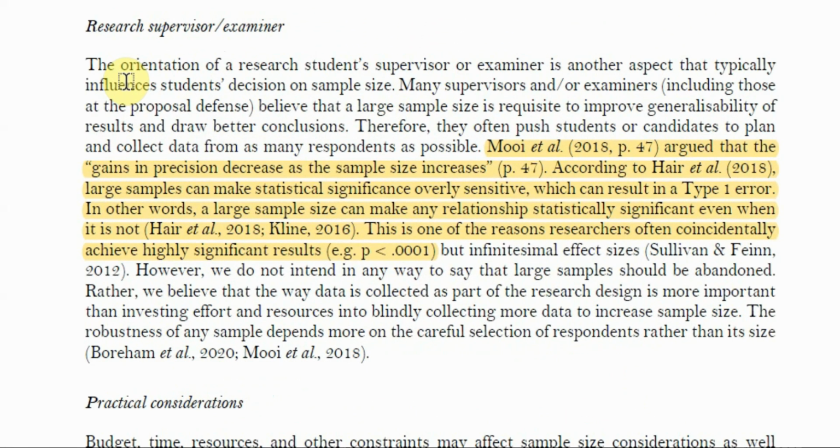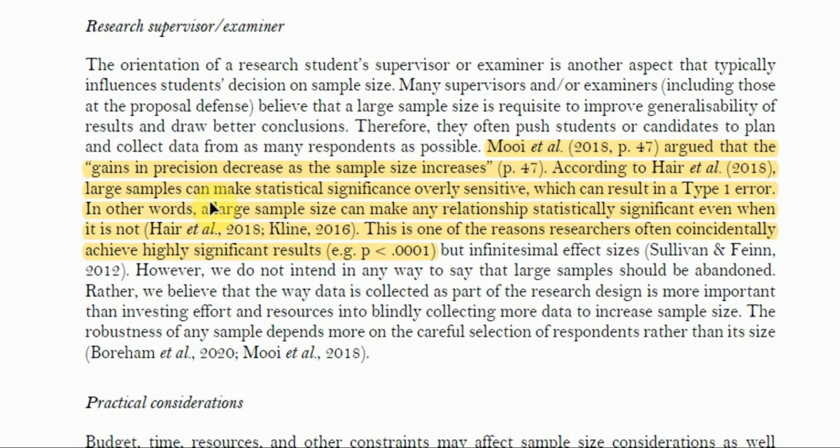So the research supervisor is another consideration. Most of the time, research supervisors want their students, scholars to have a much larger sample size. They are pushing their students to have a large sample size because they want to improve the generalizability of their results and draw better conclusions. Now, there is a different opinion as well. According to Marsh and others, the gains in precision decrease as the sample size increases.